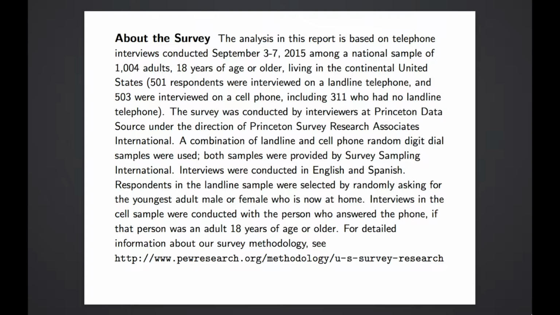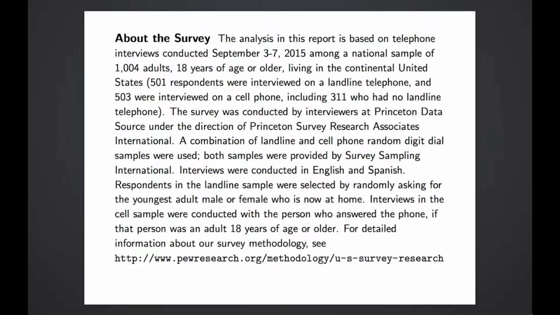The interviews were conducted for a sample of 1,004 adults, 18 years of age or older, living in the continental United States. 501 of them were interviewed on a landline, 503 were interviewed on a cell phone. And there are a couple more details of the survey methodology here if you would like to look at them.